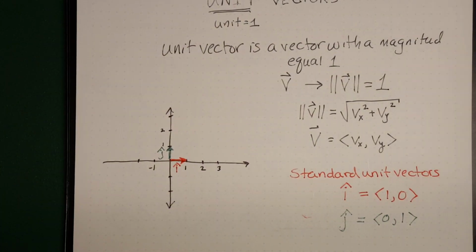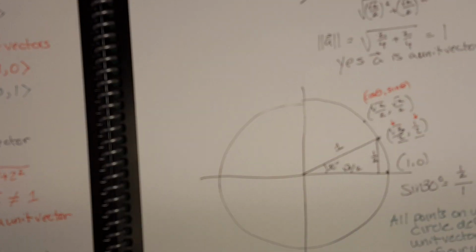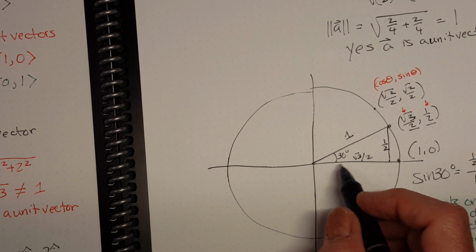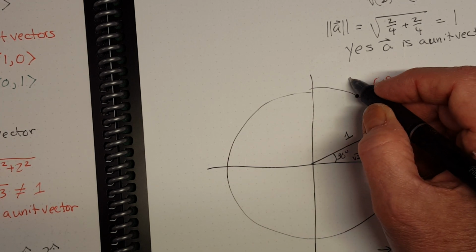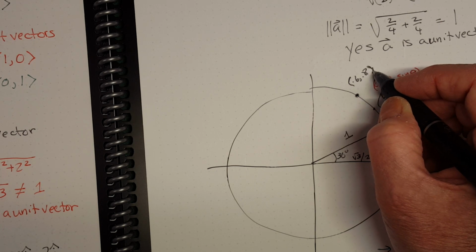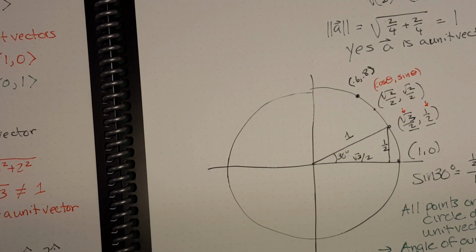If I went back to my previous page here and I looked at our unit circle, if I go to 0.6, 0.8, there has to be a point on my unit circle because I just found from this video that that's a unit vector. And if that's a unit vector, it has to sit somewhere on my unit circle.